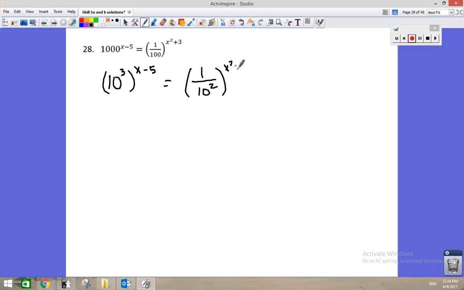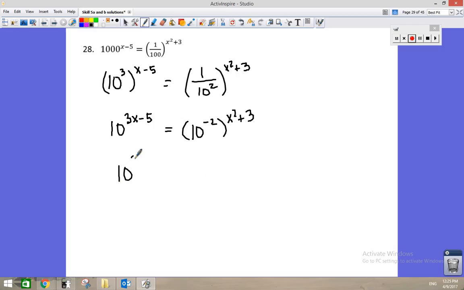And when you have a power to a power, you multiply the exponents. 3x minus 5. And I can make this 10 move up to the numerator if I make that positive 2 a negative 2. Now don't forget that that's still being raised to the x squared plus 3 power.